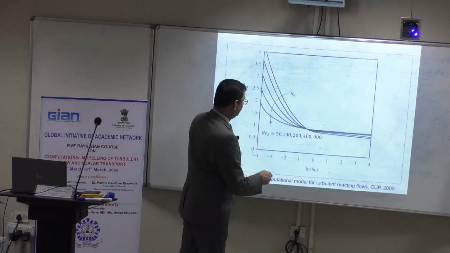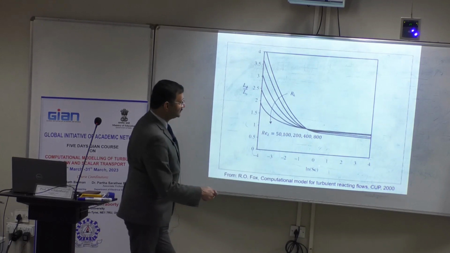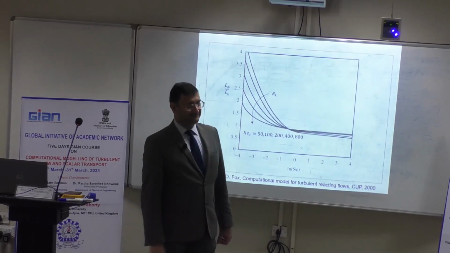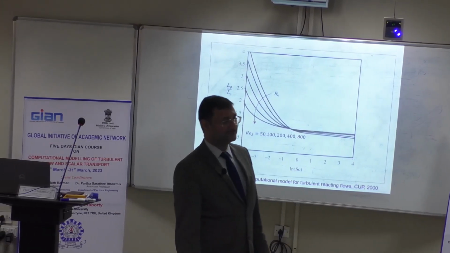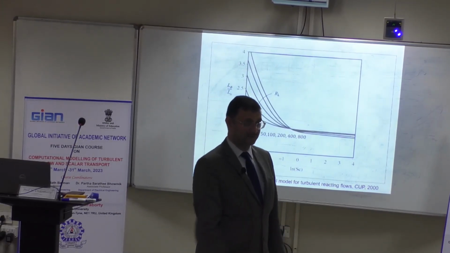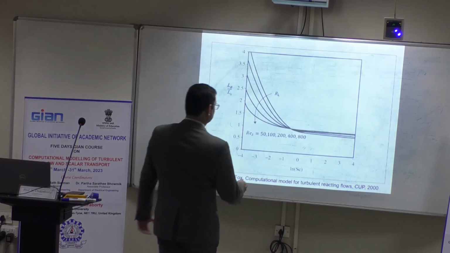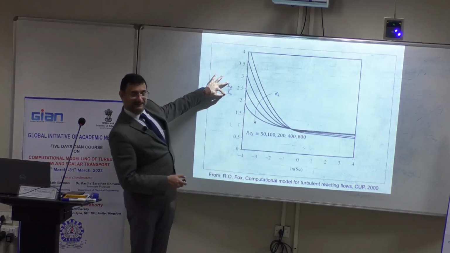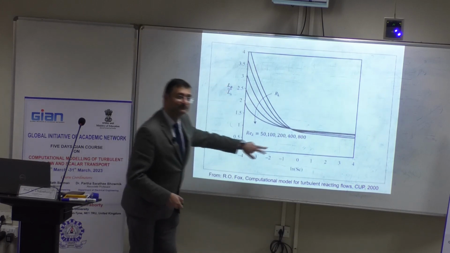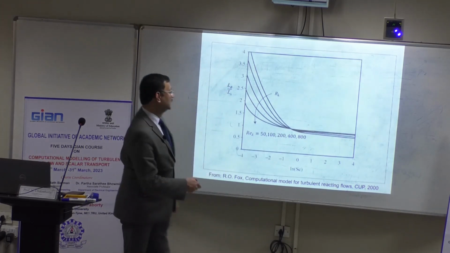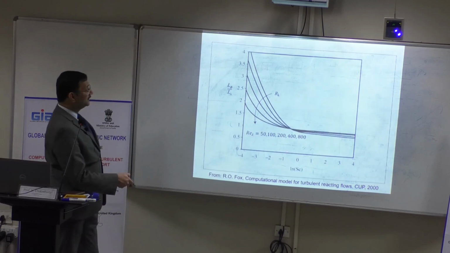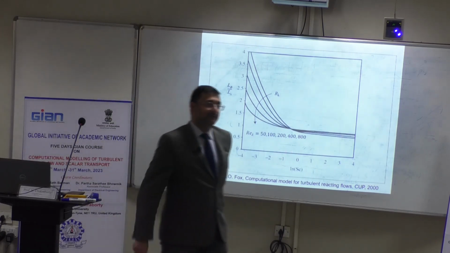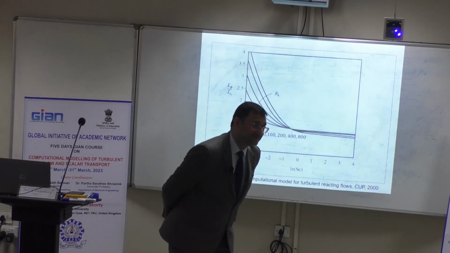You can see that when ln of Schmidt number is 0, ln when is 0? Log of 1. So when Schmidt number is of the order of unity, these quantities tend to be 1. But when you are considering this side of the plot, that means Schmidt number greater than unity or smaller than unity?